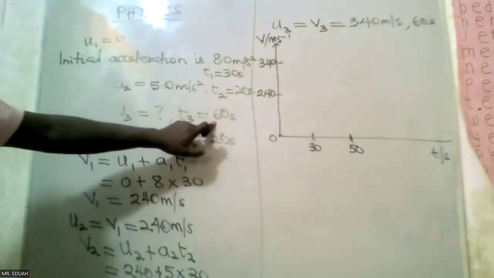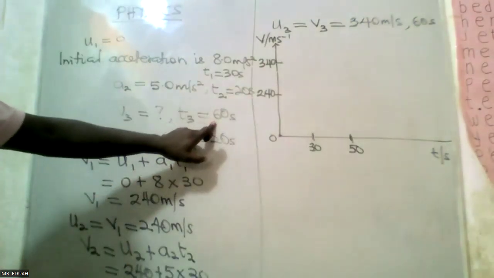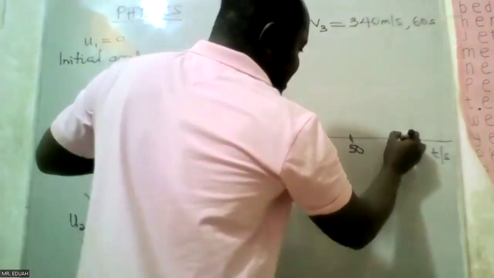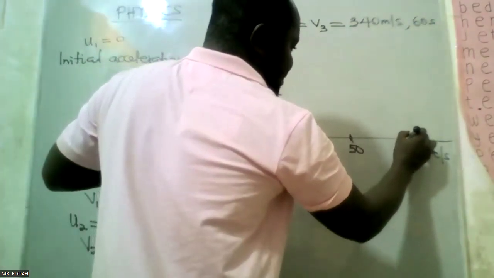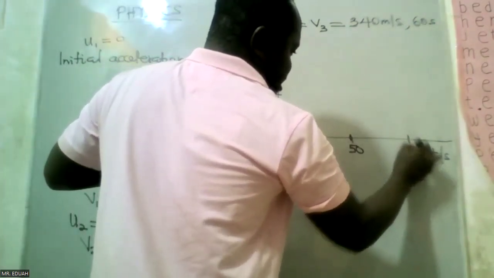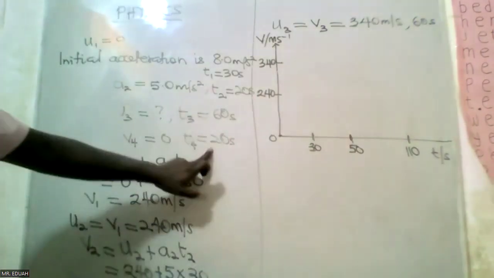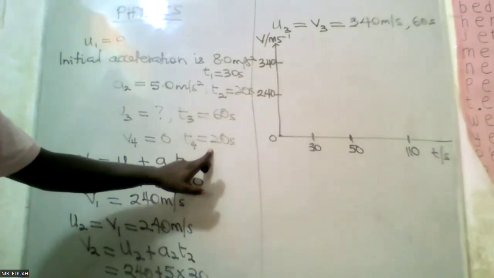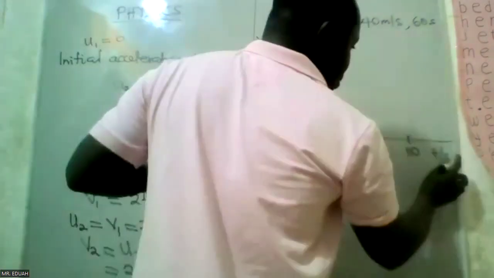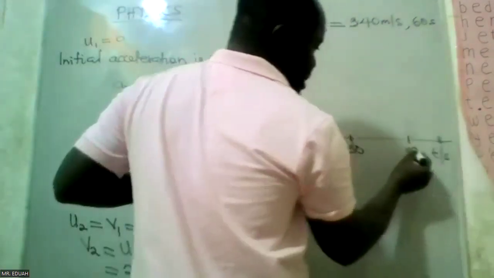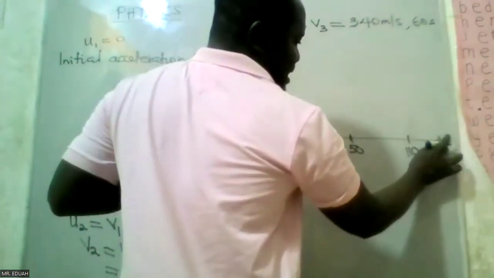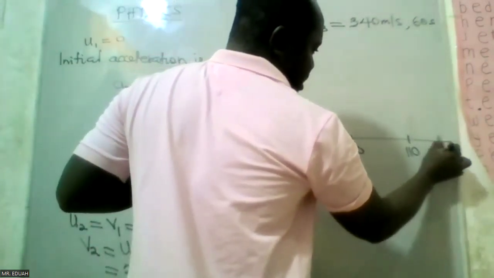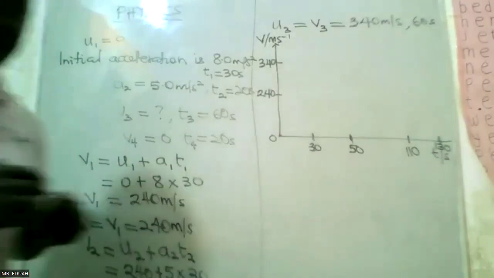Then the next time interval 60. So 60 plus 50, 110. Then the final part of the motion, we have a time period of 20 seconds. So this is 20. So 110 plus 20, giving us a total time of 130.